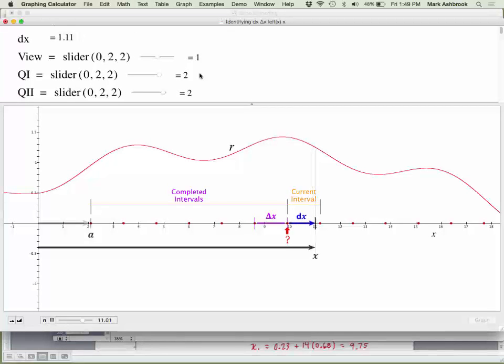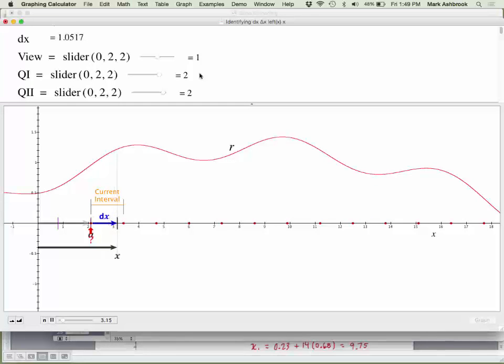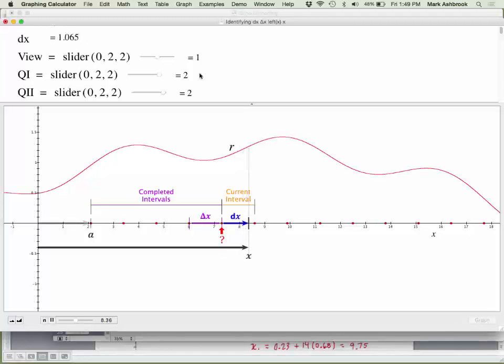It's going kind of fast, but right now it's going to start at 0, and then increase up to what delta x is, which I think is 1.2 or 1.3, something like that. So it keeps starting over at 0. Every time it gets to a new current interval, it starts over at 0 and increases to delta x. And then, boom, next interval, 0. So delta x is like a parameter, dx a variable, varying through each current interval. It keeps cycling.